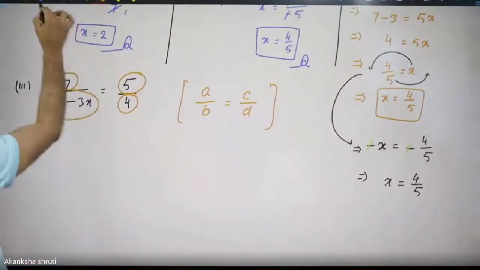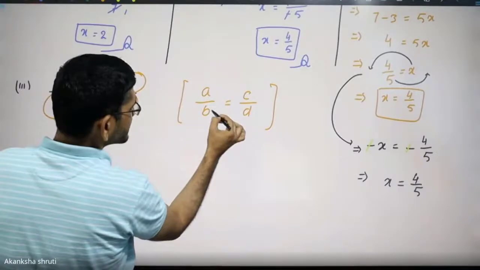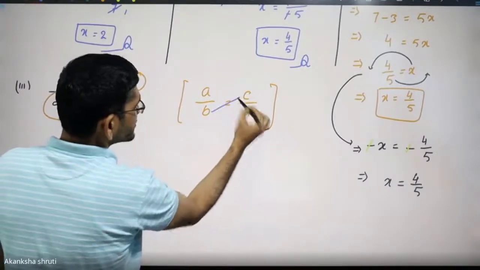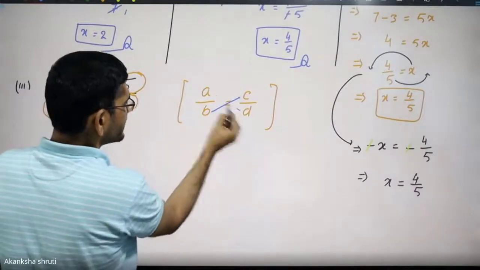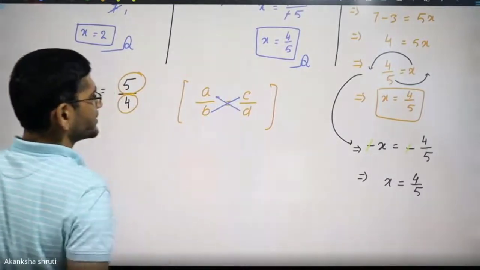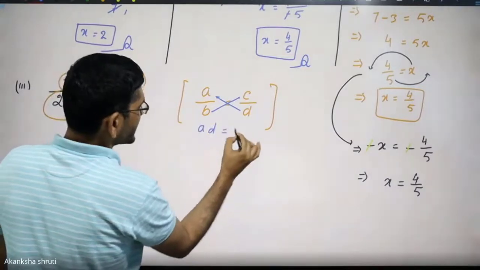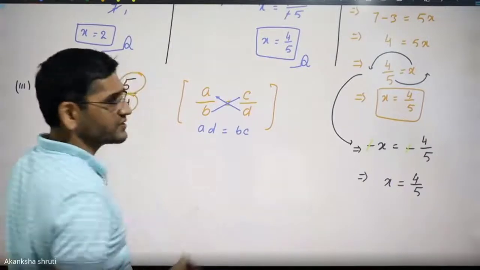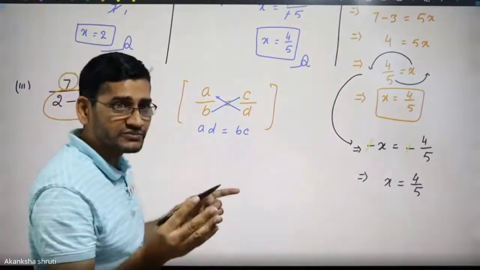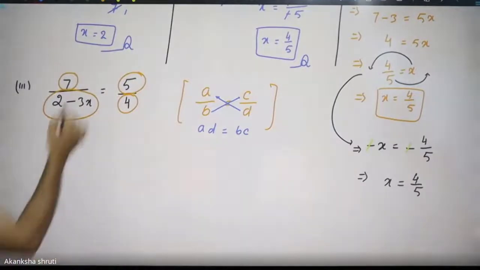So for this form, what are we doing? We are multiplying crosswise, means B will get multiplied to C and D will get multiplied to A. That's why we are writing A into D is the same as B into C or C into B. That doesn't matter, because multiplication is commutative, that we have learned in our first chapter.